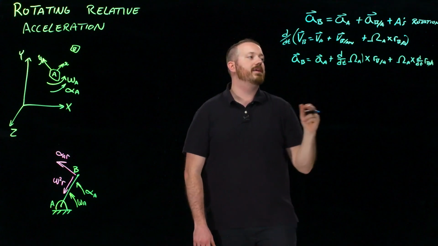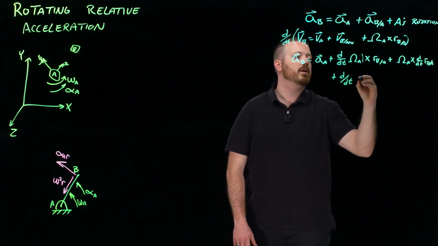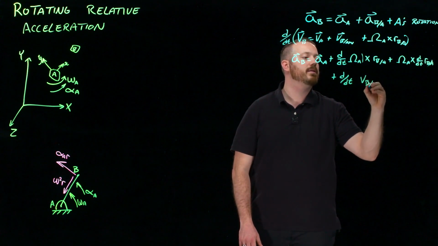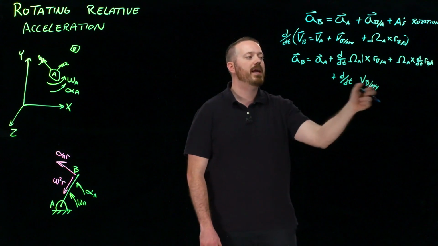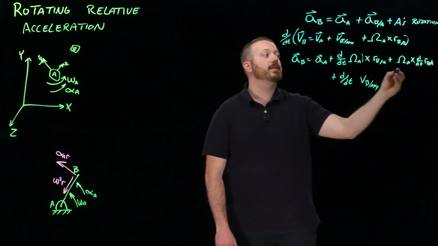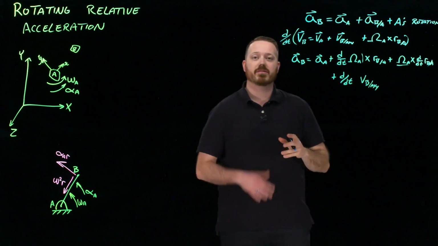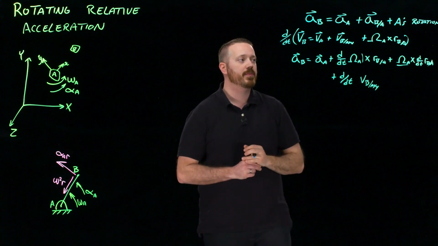And then lastly, we have the time derivative of the velocity of B given A's reference frame. Notice that this time derivative is also going to have a component of how much the angle, the angular velocity, is changing.